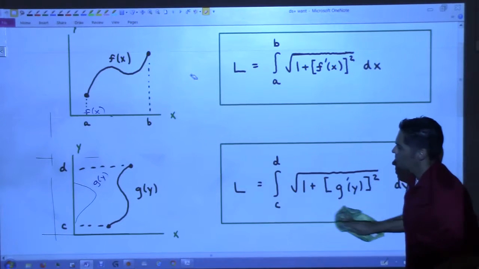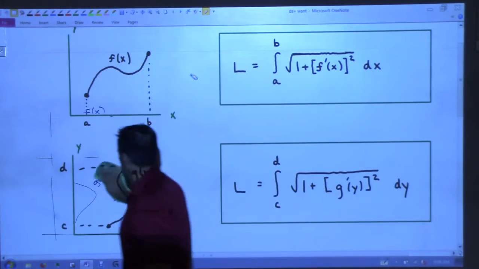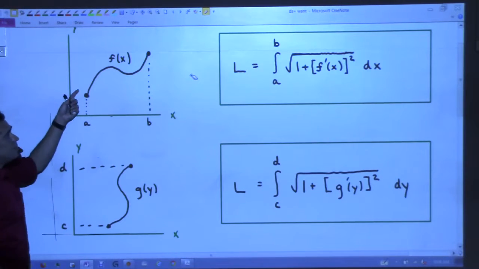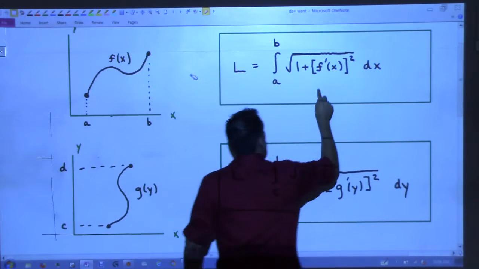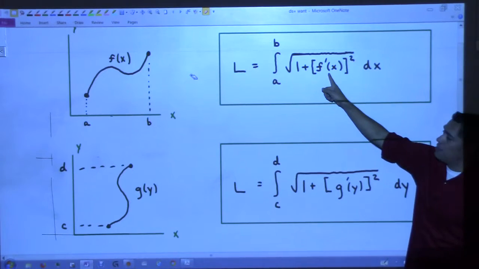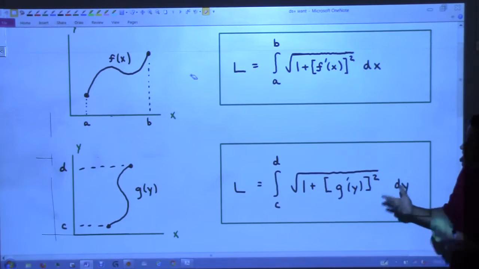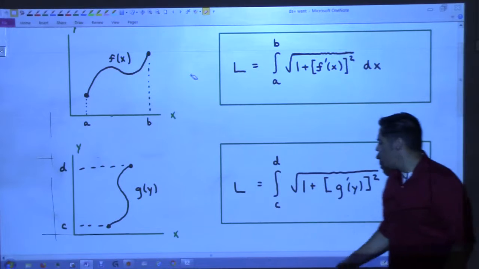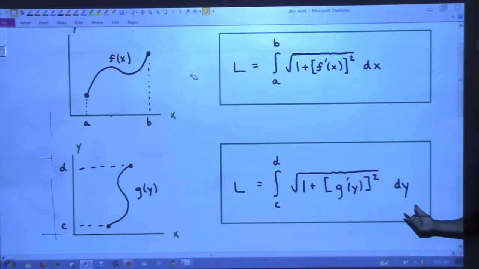Okay, so if we have a function of x, we're going to want to use this one, right? And we'll have a dx out here, and this will be the derivative of f with respect to x. But if we have a function of y, we'll use this one instead. They will yield the same results, okay?